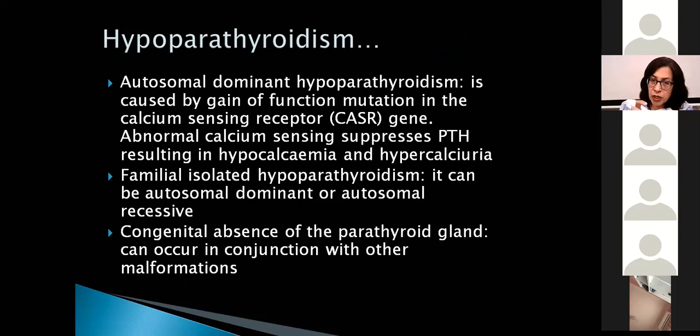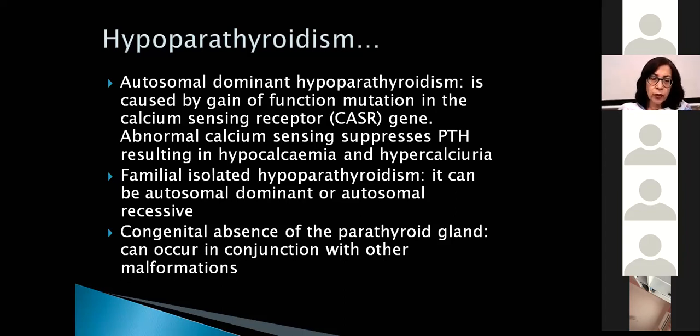The same gene, calcium sensing receptor gene, has a mutation because of which there is a gain of function. So what happens? The parathyroid gland senses that there is a lot of calcium in the body, so it starts secreting less and causes hypoparathyroidism. Because of the hypoparathyroidism, there is hypocalcemia and hypercalciuria.